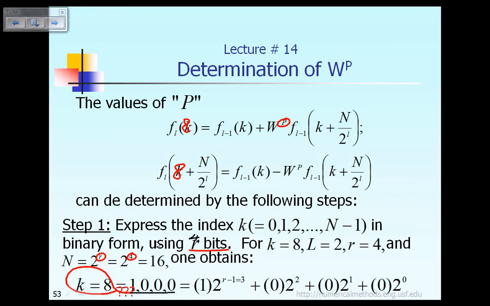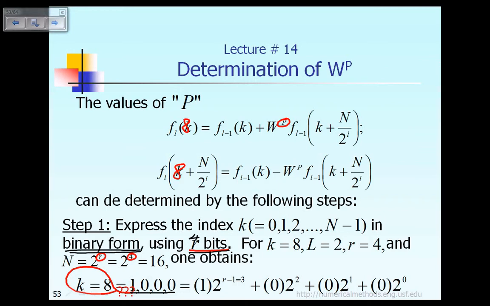In other words, we express the value 8 in binary form with r bits, or 4 bits. When I say binary form, what I mean is each value can be either 0 or 1. That's why you have 4 numbers here.